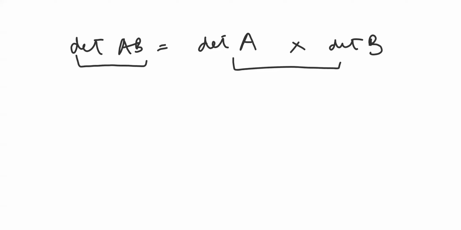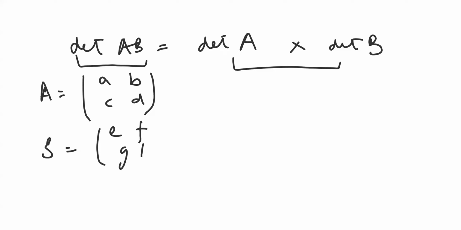अब इसके लिए we can just assume some things. For example, we can take our A as A, B, C, D and our B as E, F, G, H. So what we have to find first is the product of AB.